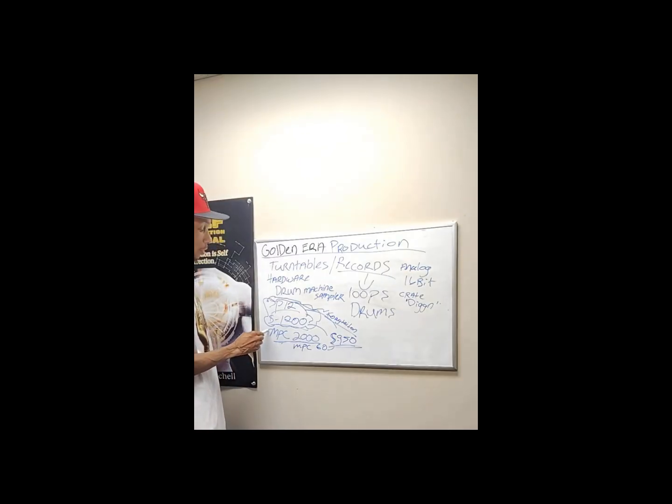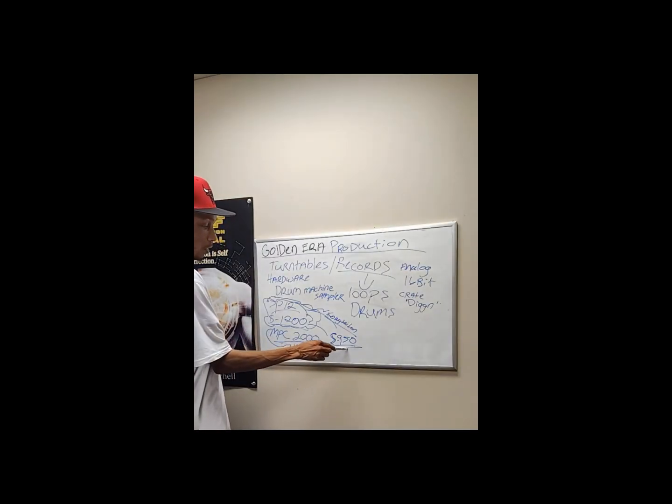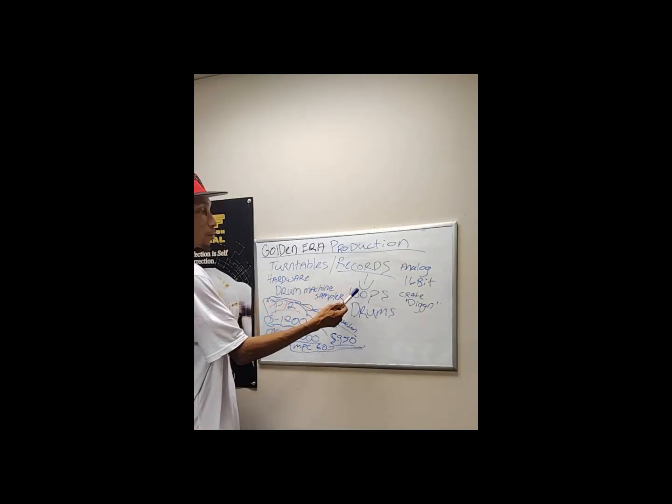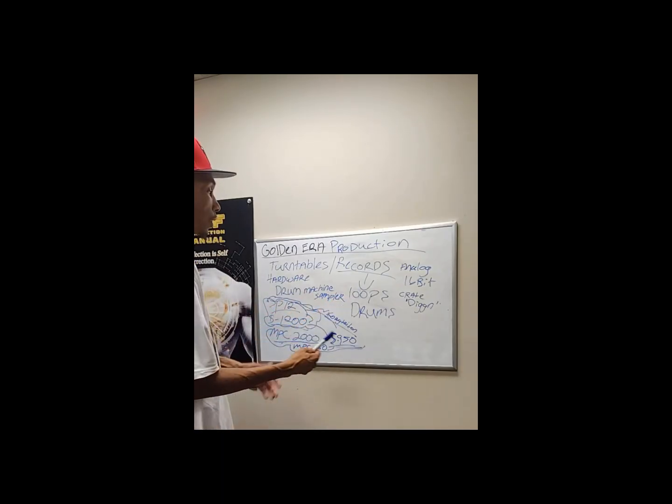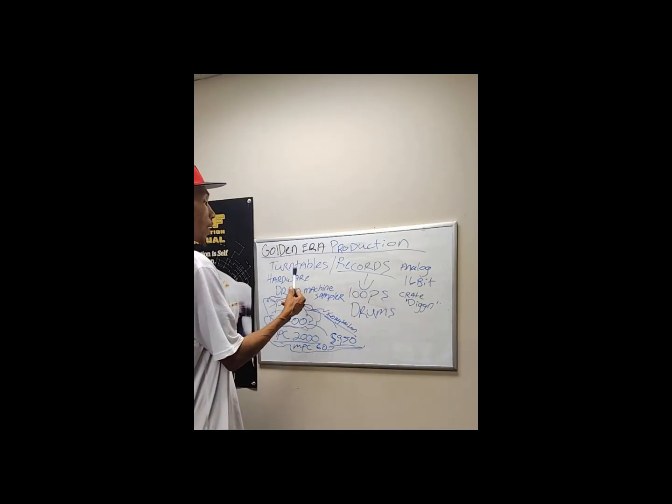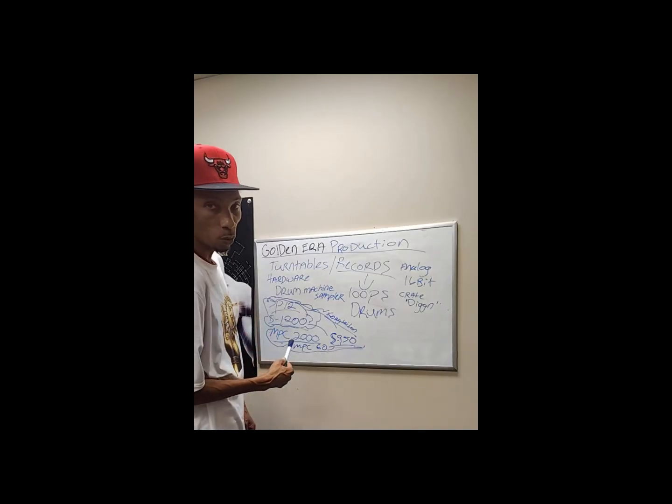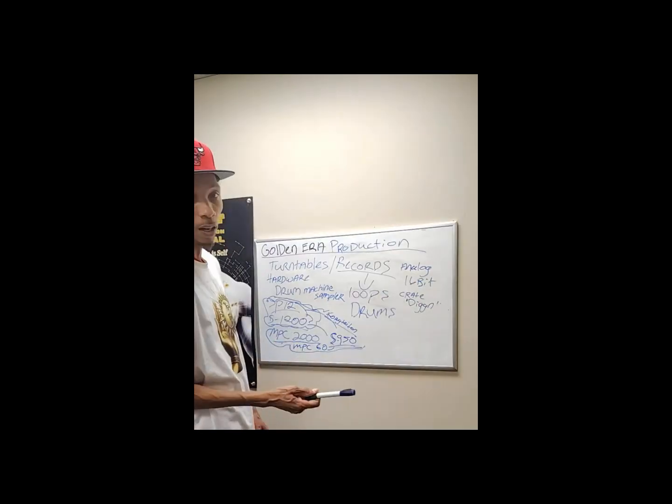And then you've got your sampler here, your MPC. Now, the reason I say that this is more interactive is because these Golden Era tools, compared to the digital, we're going to get to the digital, but right now we're talking about the Golden Era tools. The SP12, SP1200, these are tools that you actually have to sit down and learn.